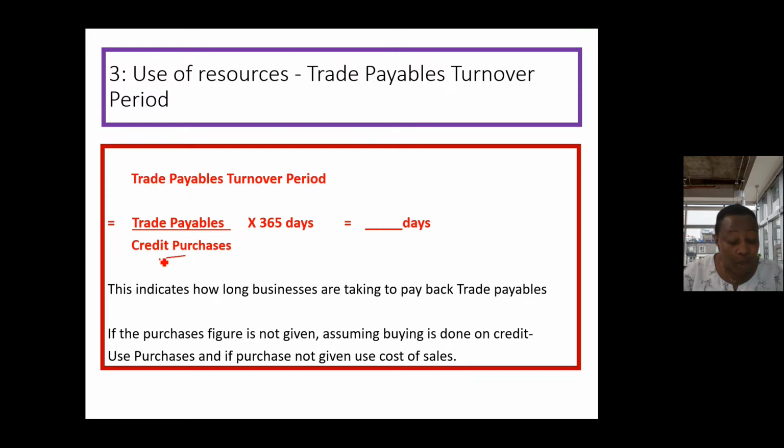If you're not given purchases at all, we use our cost of sales figure. So it's trade payables divided by credit purchases, multiplied by 365 days, and it will tell us how many days we're taking to pay our suppliers for what we bought on credit.